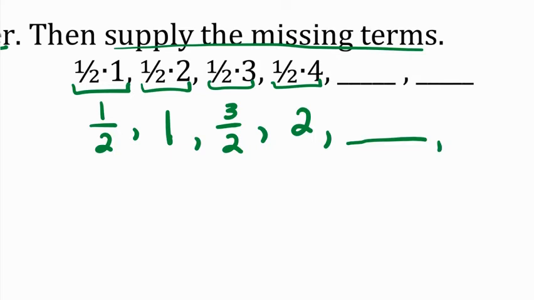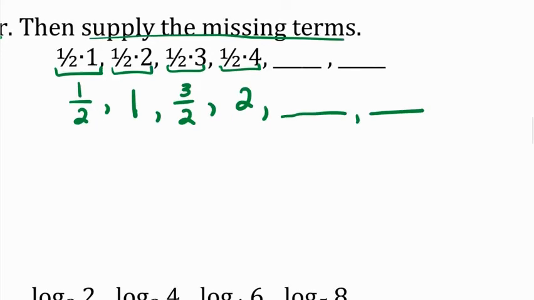And again, the question is, are we adding or multiplying by something to get our next terms? Well, to get from 1/2 to 1, I would have to add 1/2, right? To get from 1 to 3/2, that's another add 1/2. And 3/2 to 2, that's another add 1/2. So it looks like every time we are adding 1/2 there.